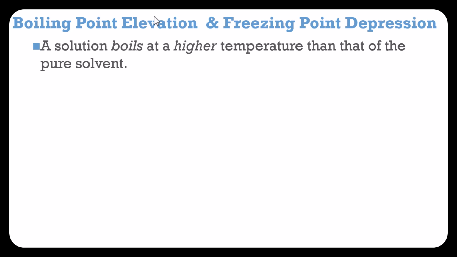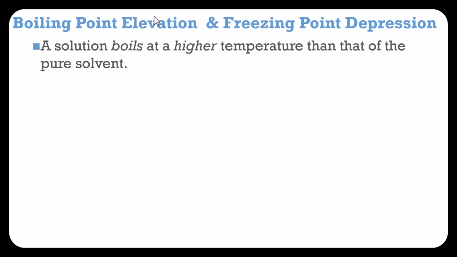It's got a certain boiling point. Now we're adding some sort of solute particle to that solution. We're making a solution, and that's going to change some properties. That's what colligative properties do. And remember, we are interested not in what we put in there, but how many particles are in that solution.